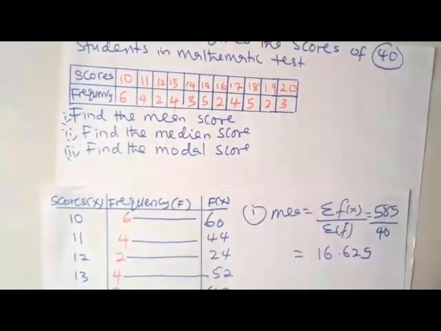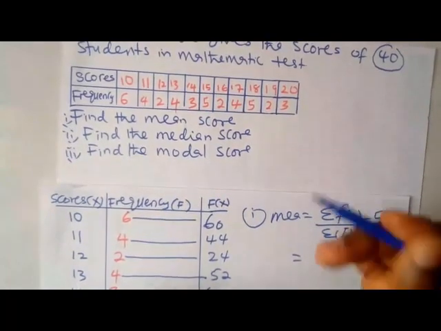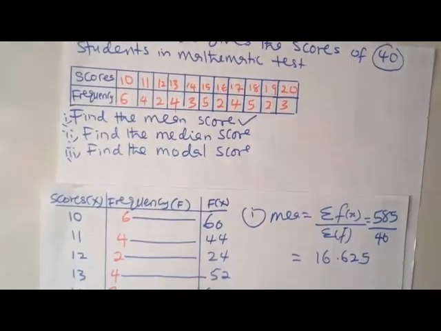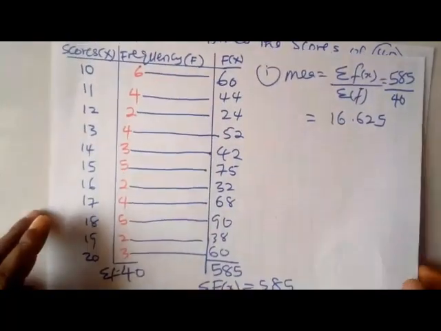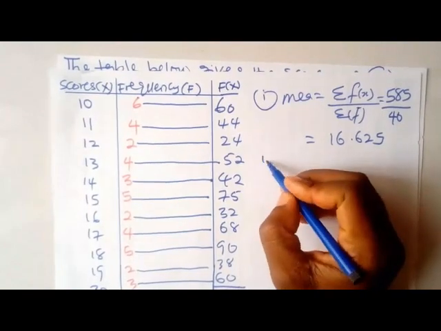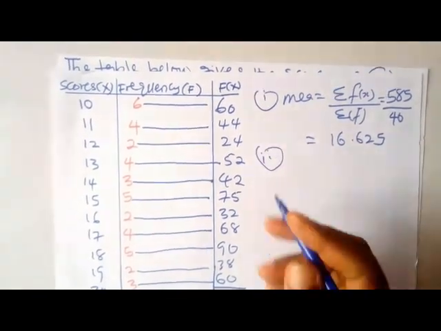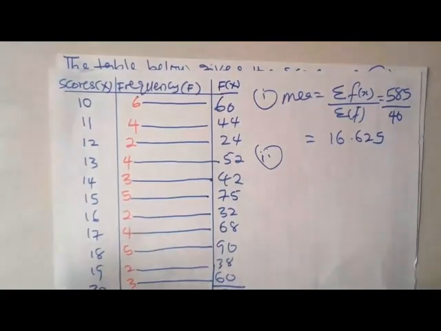Also, the question says we should find the median score. Median is the middle number. Normally, that is the basic definition of a median. But this is in tabular form, so how can we just pick a number?